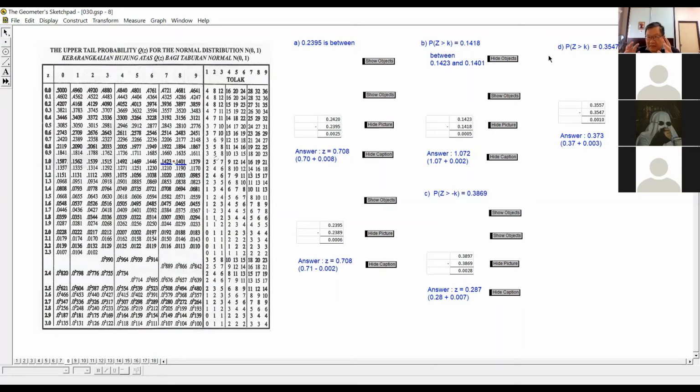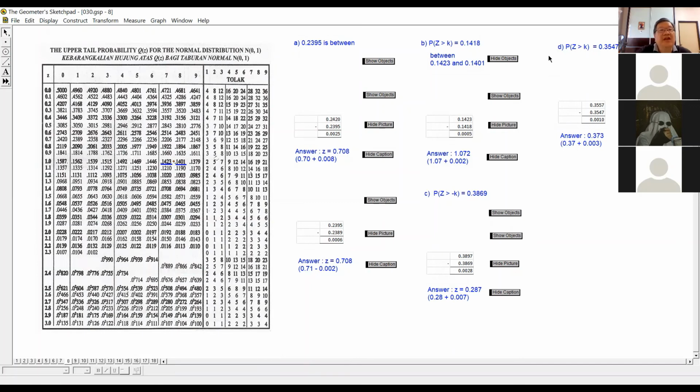Now, which one is a better choice, 0.1423 or 0.1401? Can you tell me which one is a better choice to find the value of k? Anyone? Which number to choose? 0.1418 lies between two numbers.